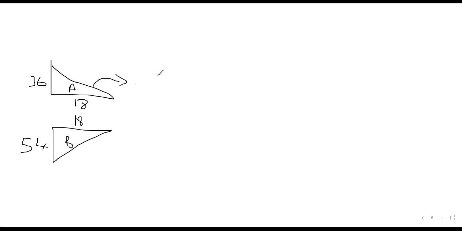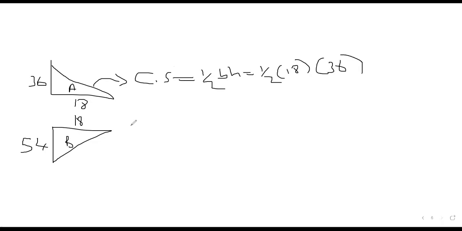So this is area A and this is area B. This is the consumer surplus, which is given by half base times height. So our base is 18, our height is 36. Producer surplus, our base is the same 18, and our height is 54. Different 54. So when you compute each of these, you get the surpluses for each of them respectively.